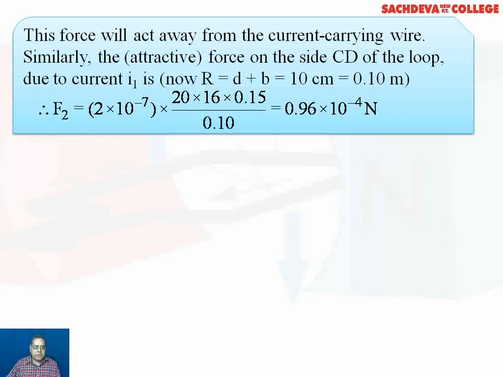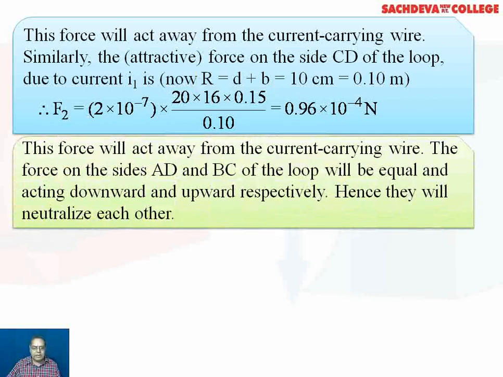Similarly, the attractive force on the side CD of the loop due to current I1, now R is equal to D plus B. All the numbers are to be converted to MKS system, compute in the equation, and force F2 will be calculated, which is found to be 0.96 into 10 to the power minus 4 newtons. This force will act toward the current carrying wire.